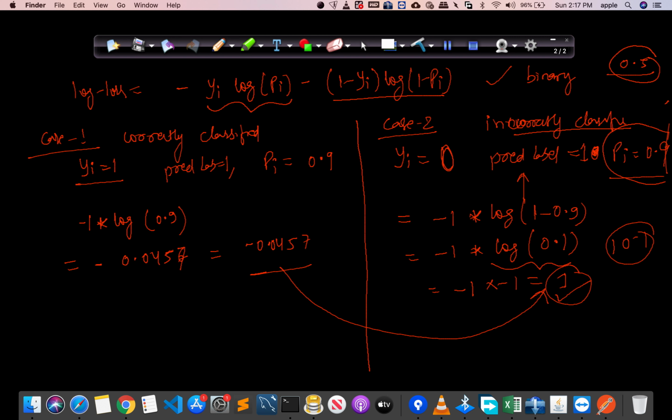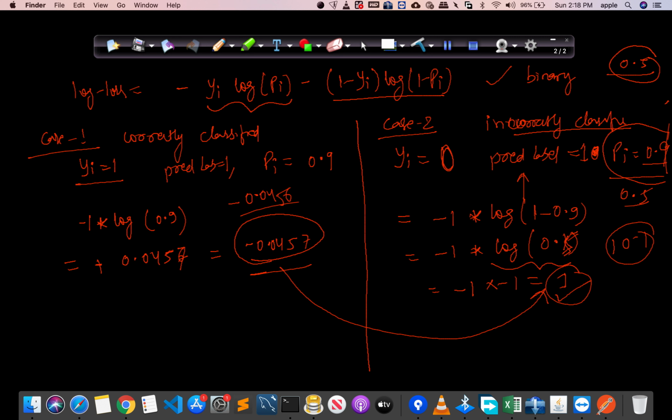Now just for an example, suppose this one is lower. Suppose this confidence is just 0.5, then this value will decrease, this will be 0.5 and this will have some value. But even though this particular value is minus 0.0457, and this particular value, sorry, this is not minus, this is plus, this value will give us minus 0.045.